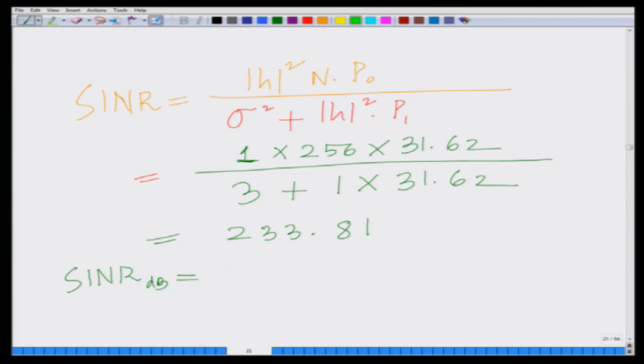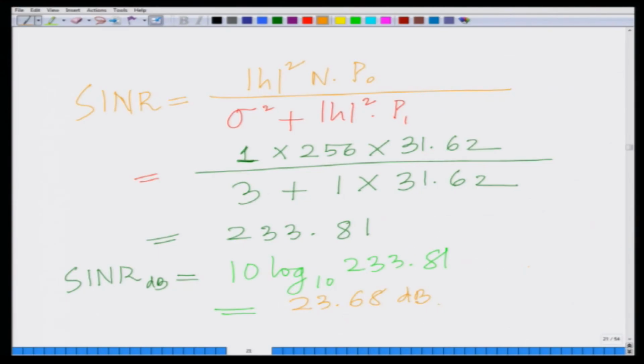Therefore, the SINR in dB equals 10 log to the base 10 of 233.81, which is equal to 23.68 dB. So, we can compute the SINR for this simple 2-user CDMA example, and we have seen that this SINR is 23.68 dB.